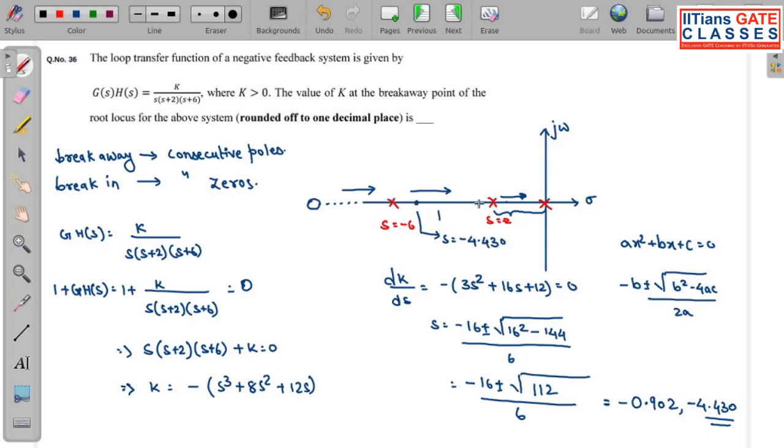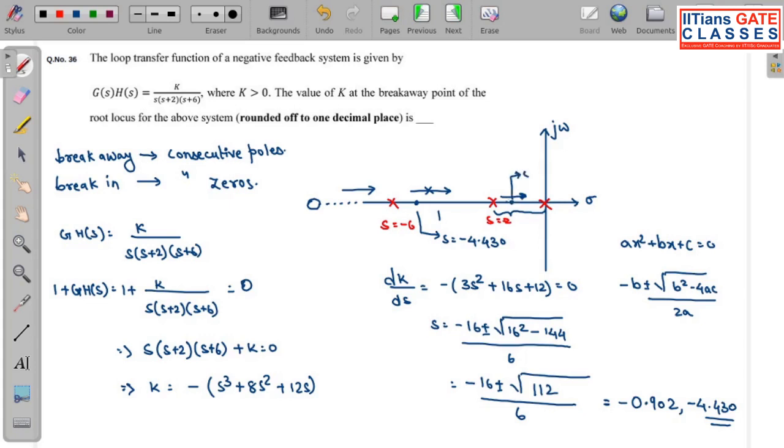Is this a valid root locus point? No, I told you this is not a valid root locus point. Why? Because to the right hand side of this point, we can see there are an odd number of open loop poles. Open loop poles are 0. And what about minus 0.902? So here it lies.